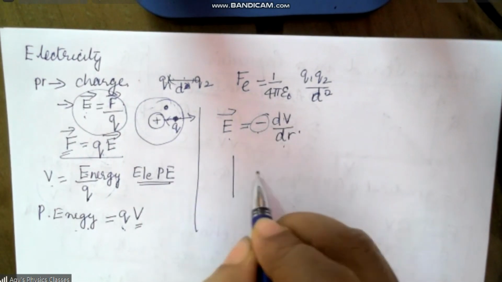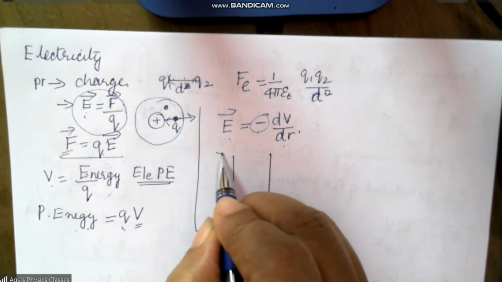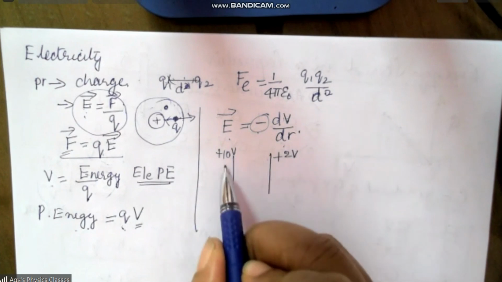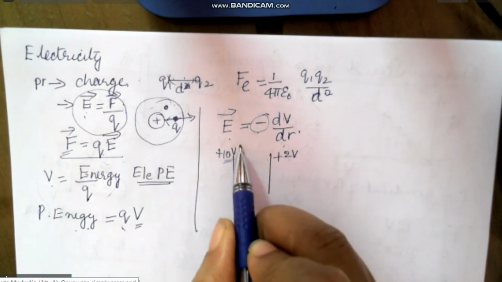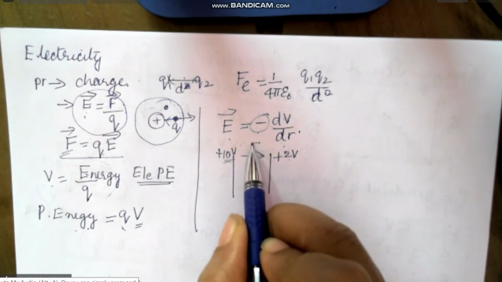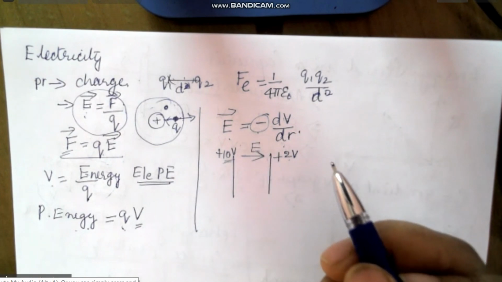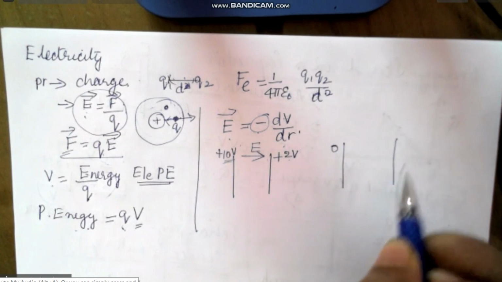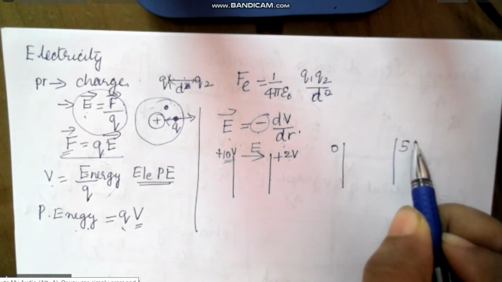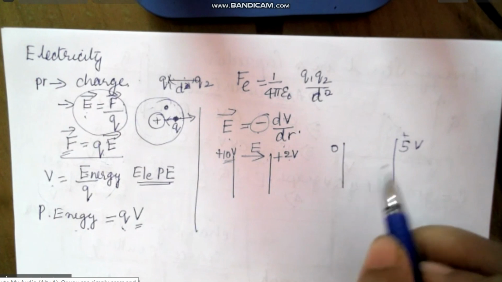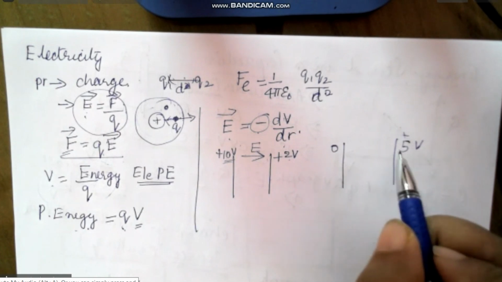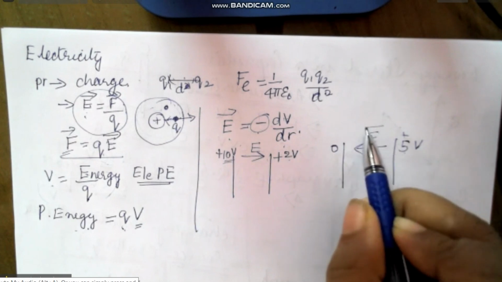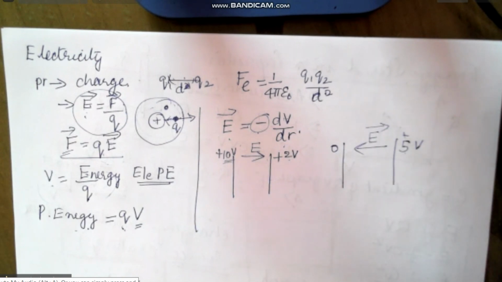That is why if you have plus 10 volt over here, plus 2 volt over here, potential is decreasing to the right, so the direction of the electric field is to the right. If you have 0 potential here and plus 5 volt here, which way is the potential decreasing? That is the direction of the electric field.